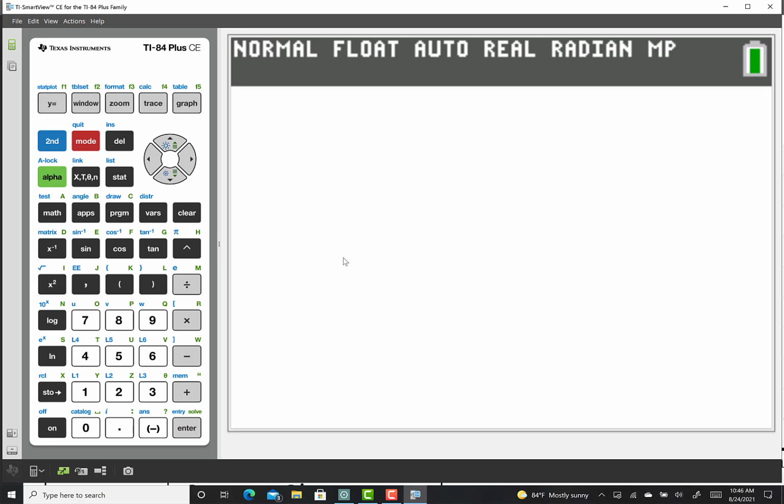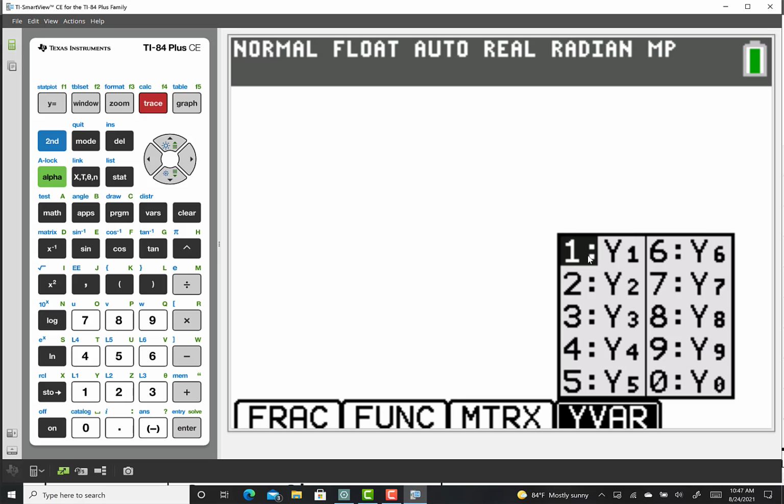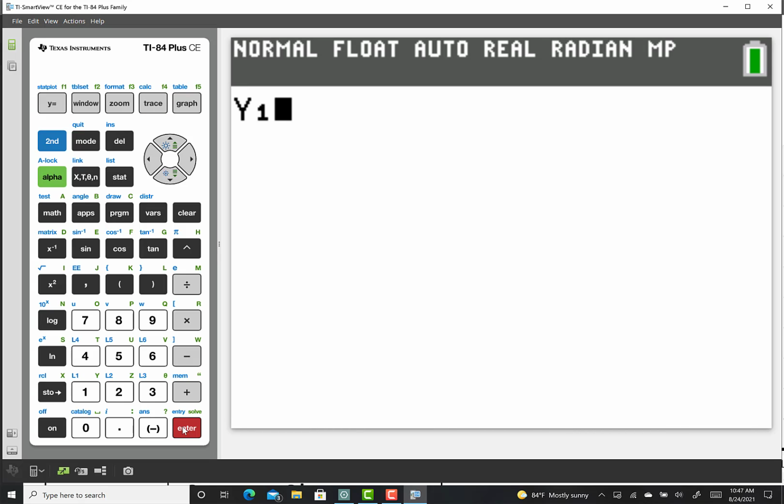And don't worry, we're going to go slow. This is what I'm going to do, guys. I'm going to push alpha, the trace button, and I'm going to call number 1. Does everyone see how I got y1 there? Open a parenthesis.